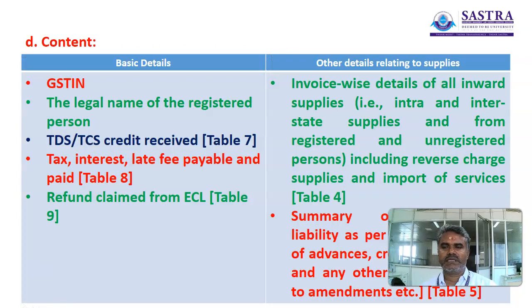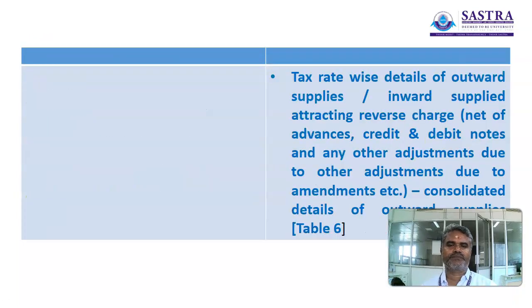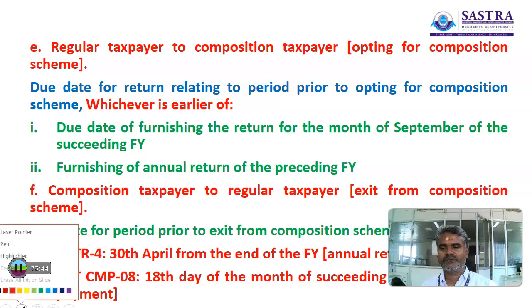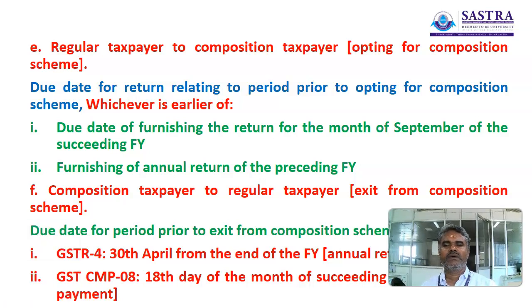GSTR 4 we have discussed. Then the next activity: the regular taxpayer to composition taxpayer opting for the composition scheme. The due date for filing is the due date for the return relating to the period prior to opting for the composition scheme.